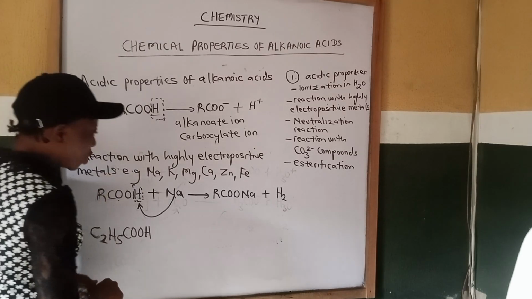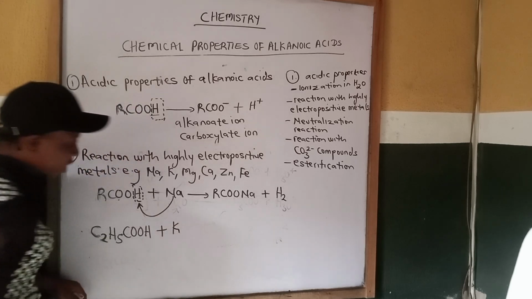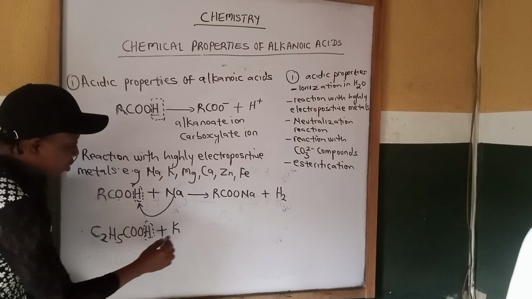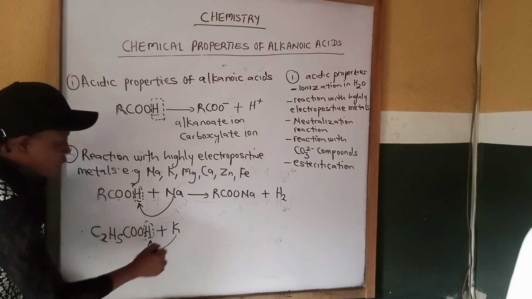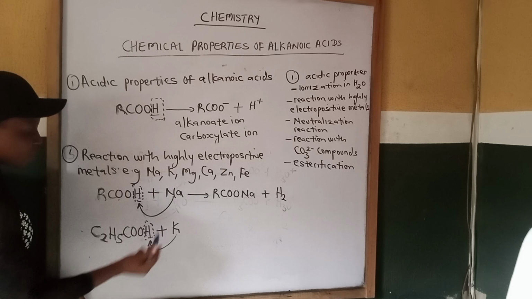Reaction between propanoic acid and potassium, K. The potassium will displace hydrogen and occupy the position of hydrogen. So the metal will come here and hydrogen will be displaced.